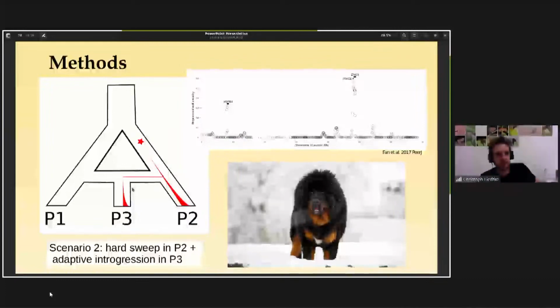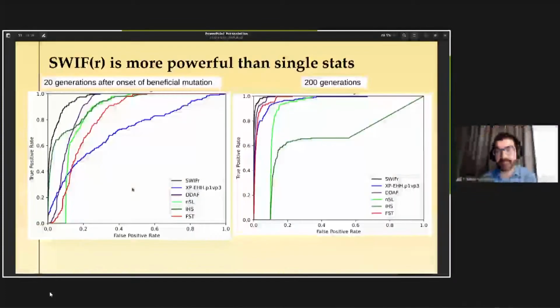Okay, interesting stuff. So I had one point of clarification. I was wondering if you could help me understand your simulation results, the performance curves.